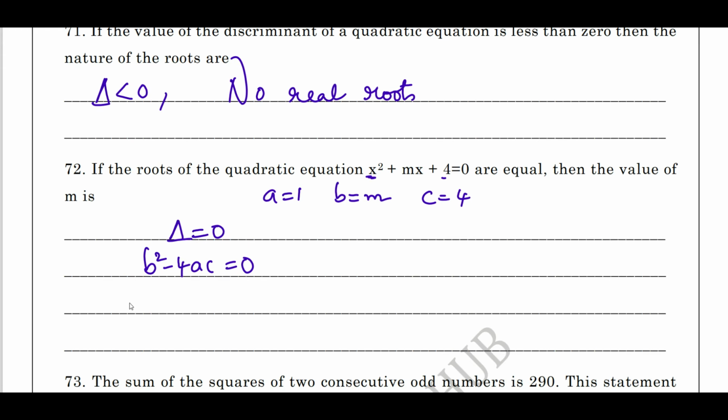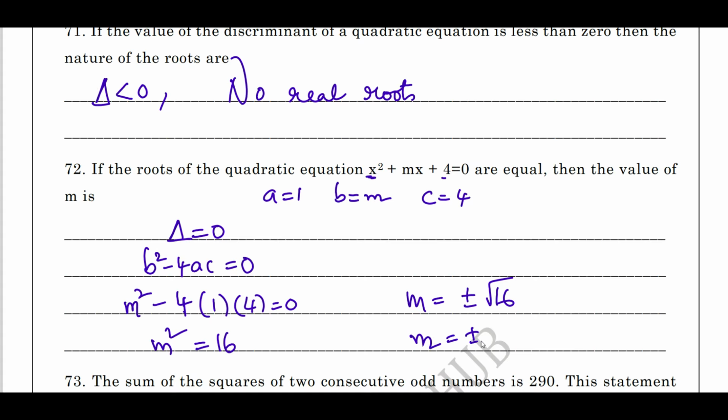What is b value? b value is m square minus 4 into a is 1, c is 4 equals 0. m square, 4 ones are 4, 4 fours are 16, minus 16 shifting to RHS, it becomes plus 16. m equals plus or minus square root of 16. m equals plus or minus 4.